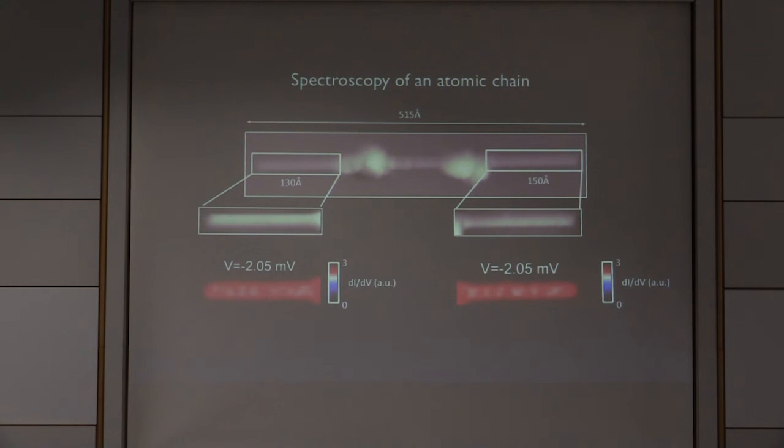I will just show you one of these short movies where you are still outside the gap. Now at 1.35 you are becoming in the gap, and this is now all inside the gap. And as you approach zero, you have accumulation of the state at the chain end.